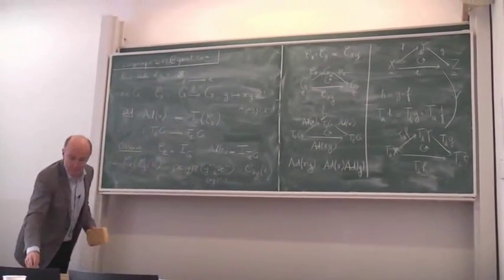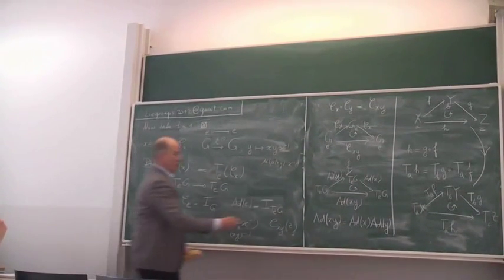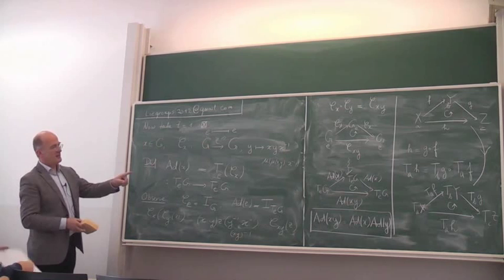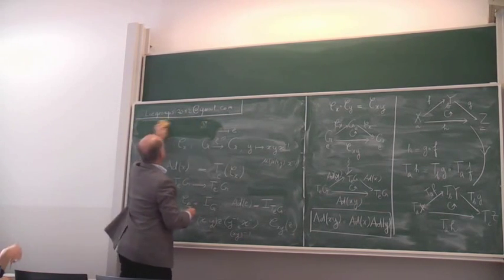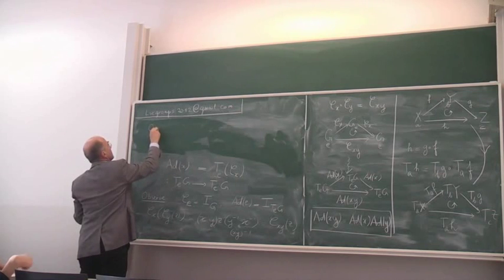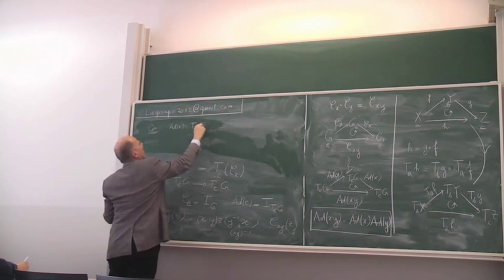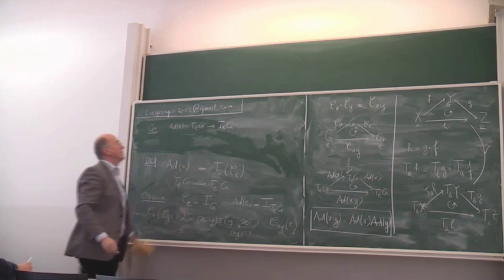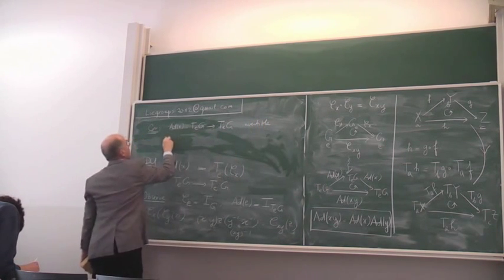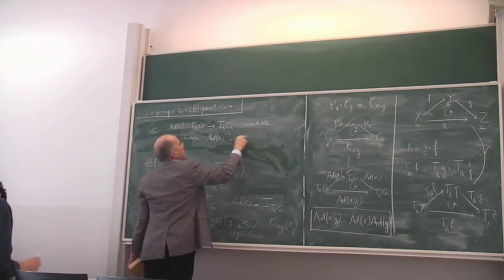Okay. So this is an important formula. And what I can do now is observe that this has a consequence. Corollary: Ad of x, as a map from T_eG to T_eG, is an invertible linear map with inverse equal to Ad of the inverse.